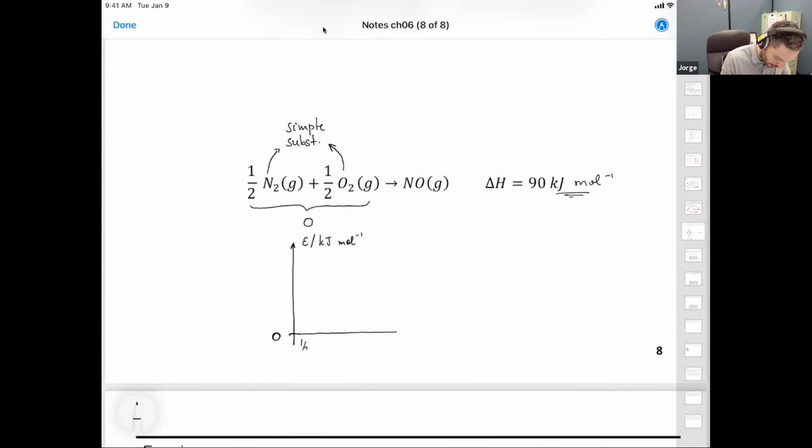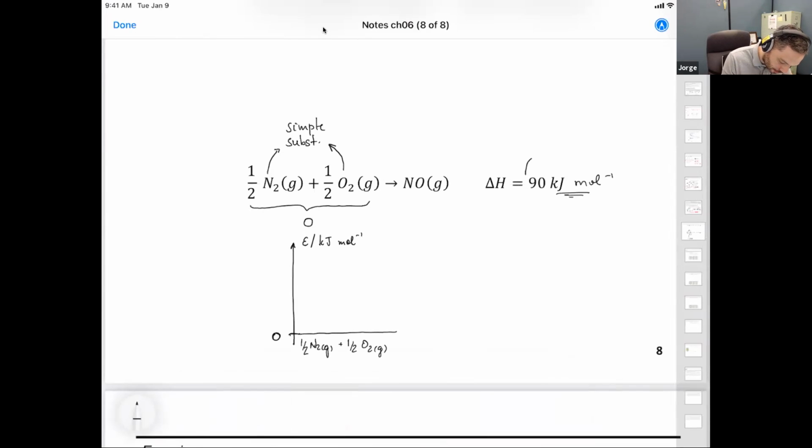And we have here half a mole of nitrogen gas reacting with half a mole of oxygen gas. The reaction will proceed. The only product formed is nitrogen monoxide, and the goal here is to determine the energy level for the only product.